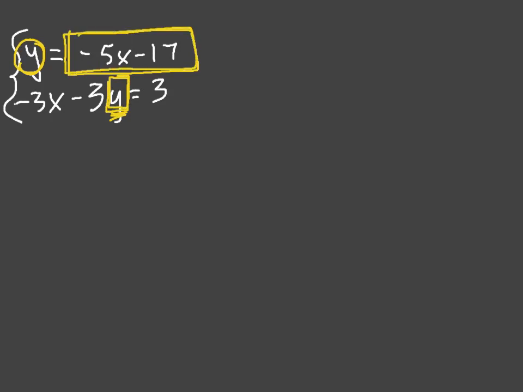The negative 3x minus 3 in the bottom equation is going to stay the same, but where the y is, we're substituting that top equation into that spot.